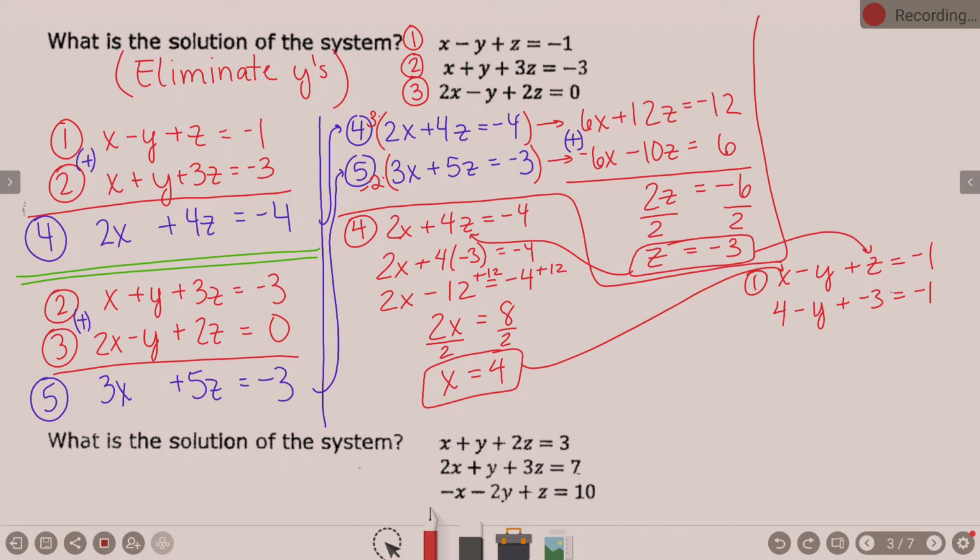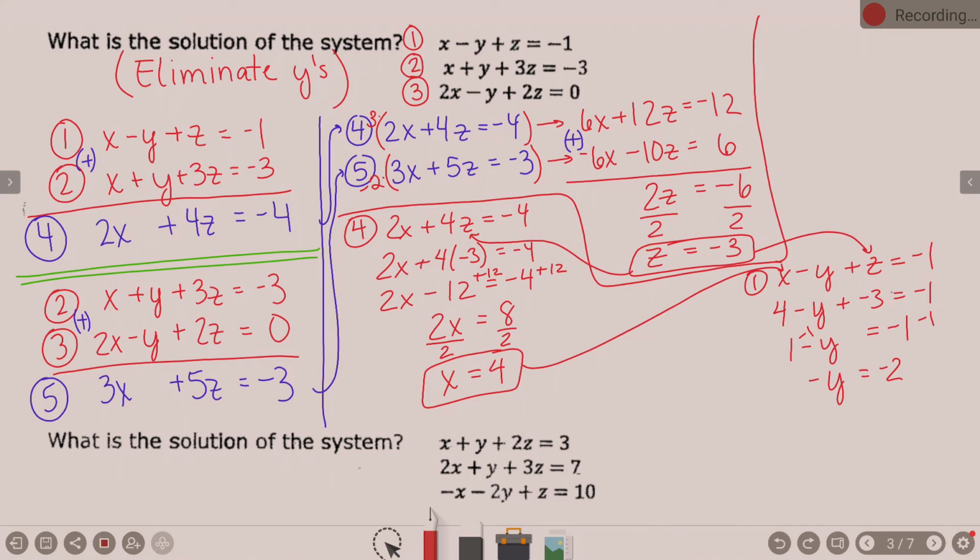Like terms, 4 plus negative 3 is 1. So 1 minus y equals negative 1. How do I get y by itself? Subtract 1 from both sides. 1 minus 1 is gone, leaves you with negative y. Negative 1 minus 1 is negative 2.